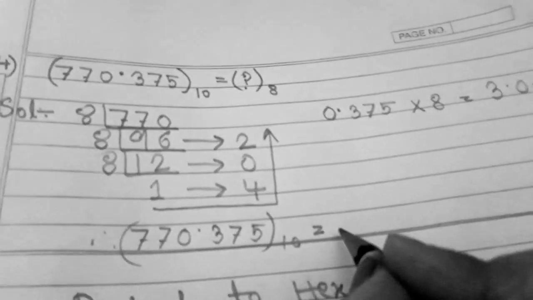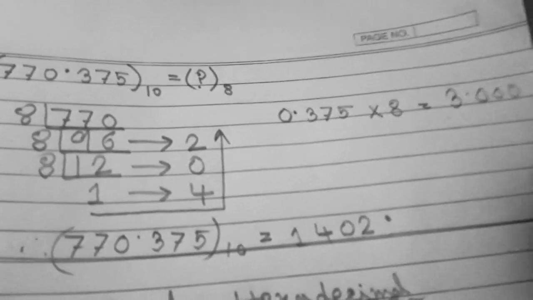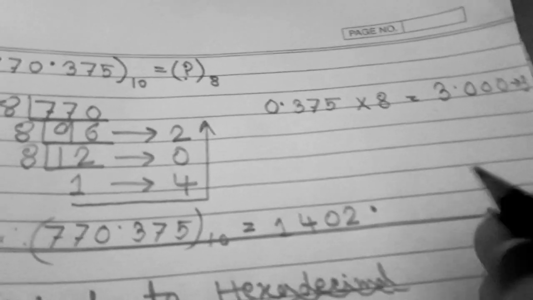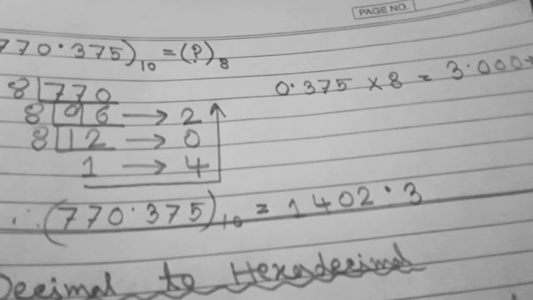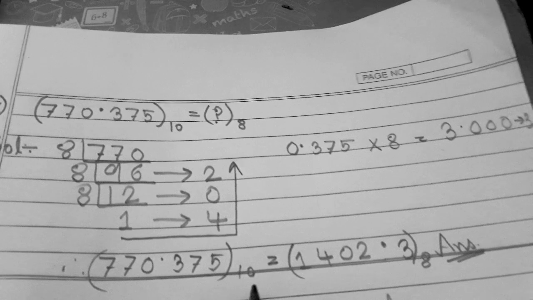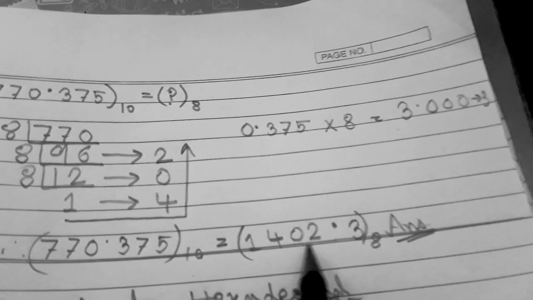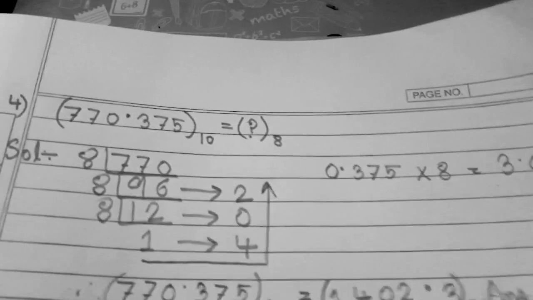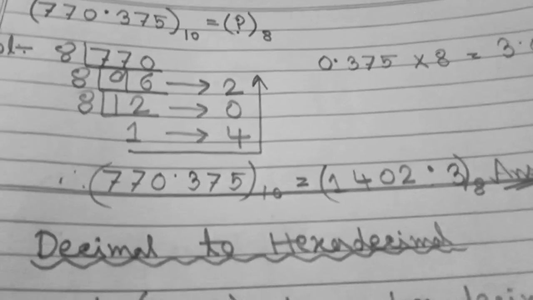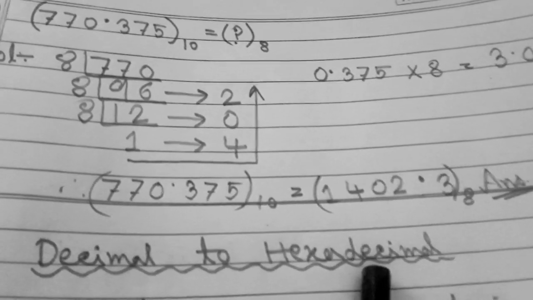In integral part I get 1402. Point here is 3 only. Because we have to write down only 3 in the fraction part. So this is our result, which is in octal form. So 770.375 decimal, after conversion to octal I get 1402.3.